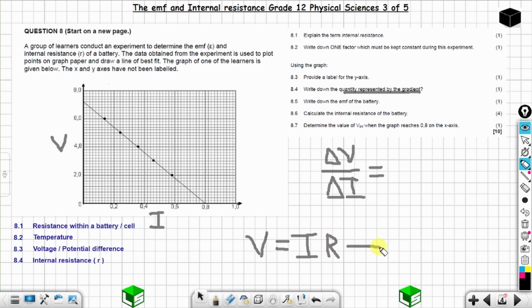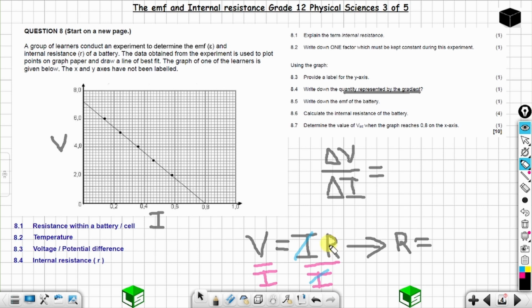From this, you are going to divide by current on both sides so that you can have resistance. Now current and current cancel.